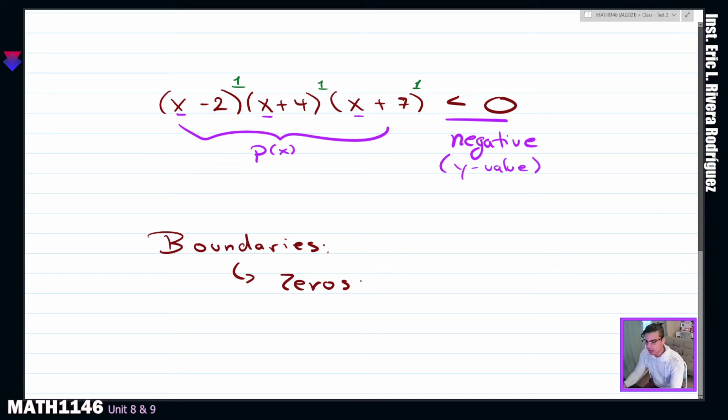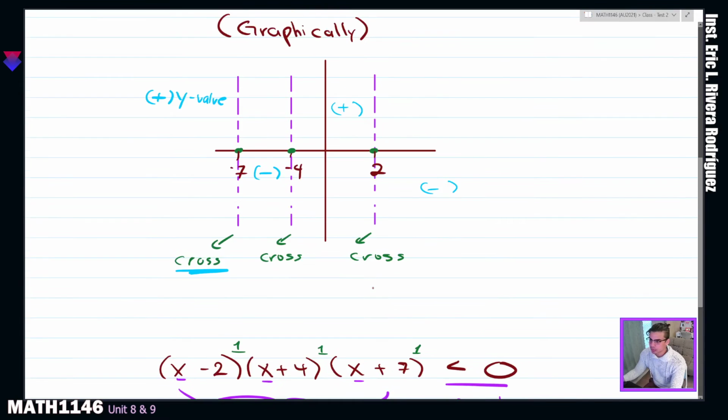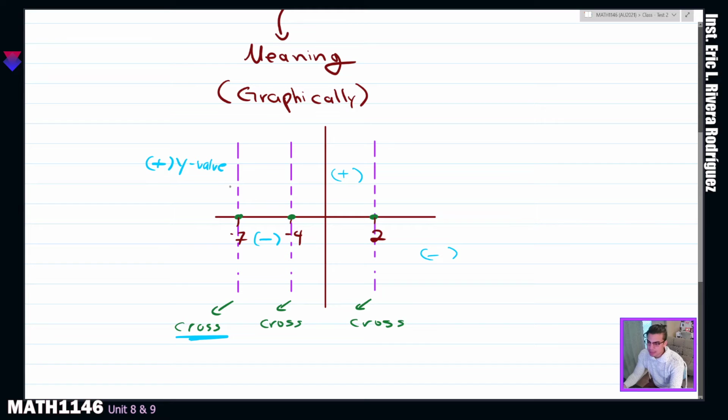And the boundaries of what? The boundaries where there is going to be a sign change, or possible sign change, or the boundaries where we are going to have no sign, because when the y value is equal to 0, there's no sign, there's no positive, there's no negative.